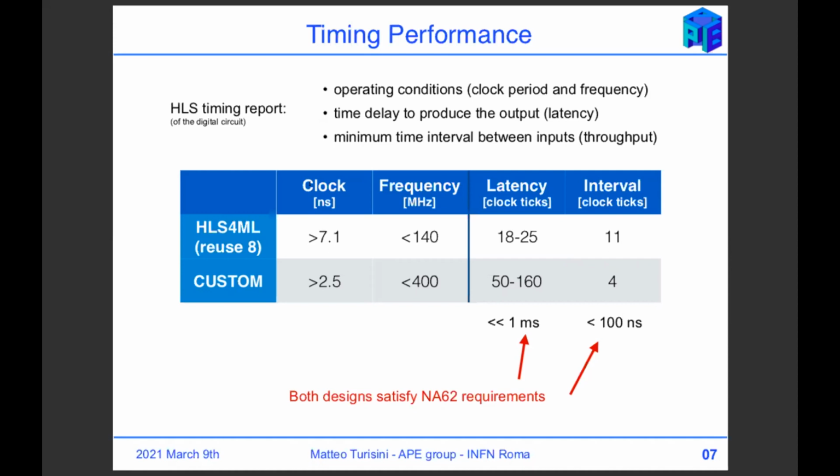The best one is the custom, which needs 4 clock ticks to accept a new input. But the other design also requires only 11 clock ticks to accept a new input, and both satisfy the NA62 requirements. They are very, very fast and customized, and this is the power of HLS. You can build the hardware you need for your computation.